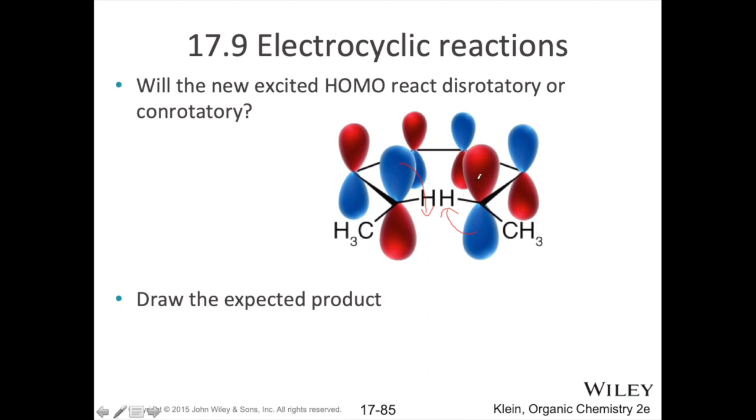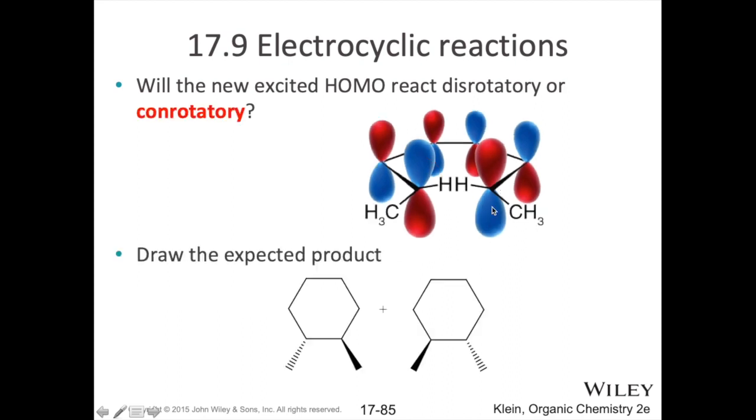But the bottom line is it's a conrotatory rotation, which means that our methyl groups are going to rotate the same way as well. In this case, if this one rotates clockwise, it starts pointing upwards. This one rotates clockwise, it points downwards, and our methyl groups wind up being trans to each other. So that's actually what we observe. It's a conrotatory rotation, and we get a trans product.